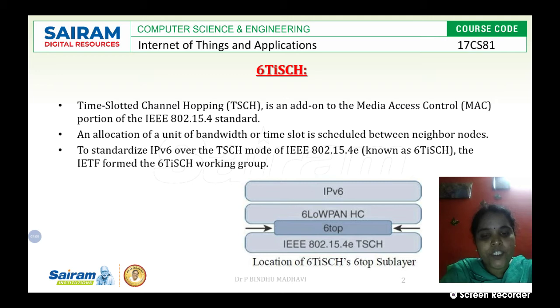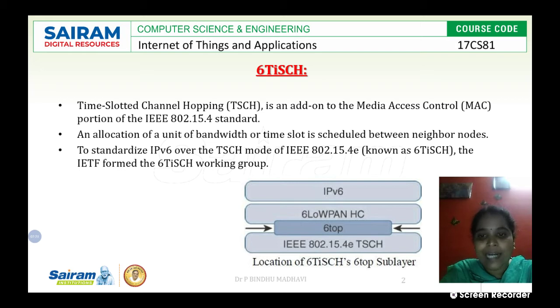The location of this 6TiSCH 6top sublayer you can see in the diagram, which is placed above the IEEE 802.15.4 standard, and in the structure you can also see the wireless personal area network header compression field and the IPv6 version.